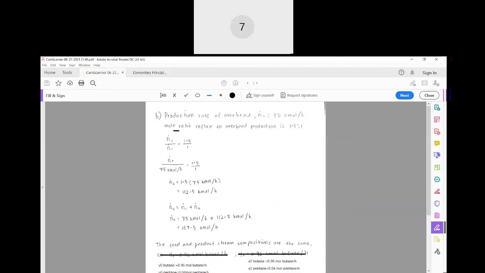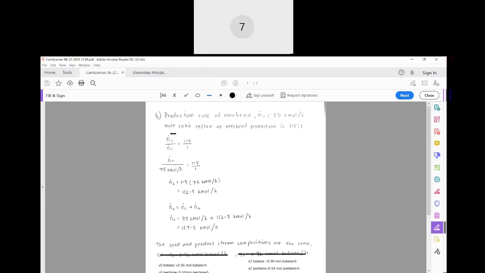By using the mole ratio of reflux to overhead product, we find the molar flow rate of the reflux stream, which is denoted as N2, and the production rate of overhead, which is 75 kmol per hour.